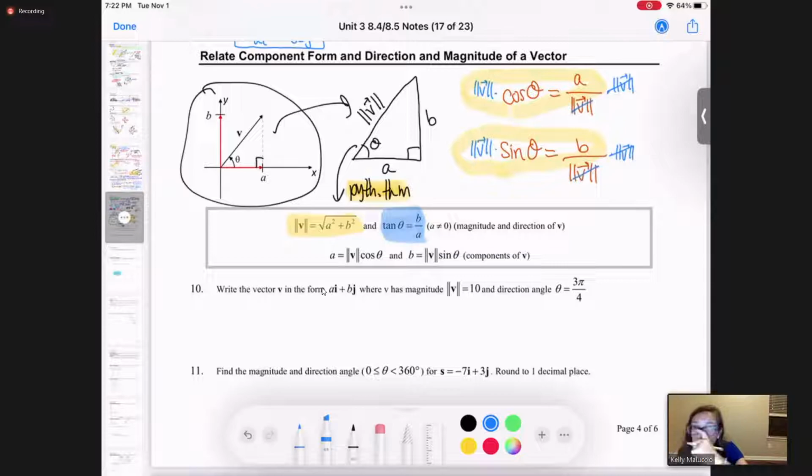Typically it shouldn't be, but as long as it's not, tangent of theta is b over a. These are both related to the magnitude and the direction of v, if you know any of a, b, or theta.